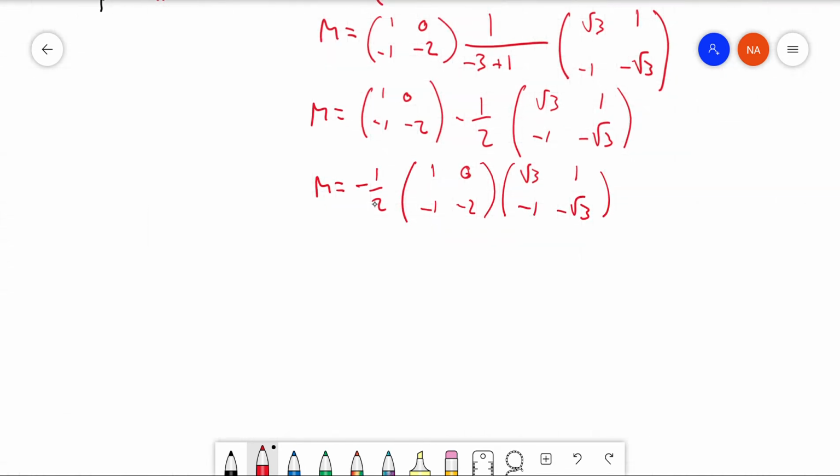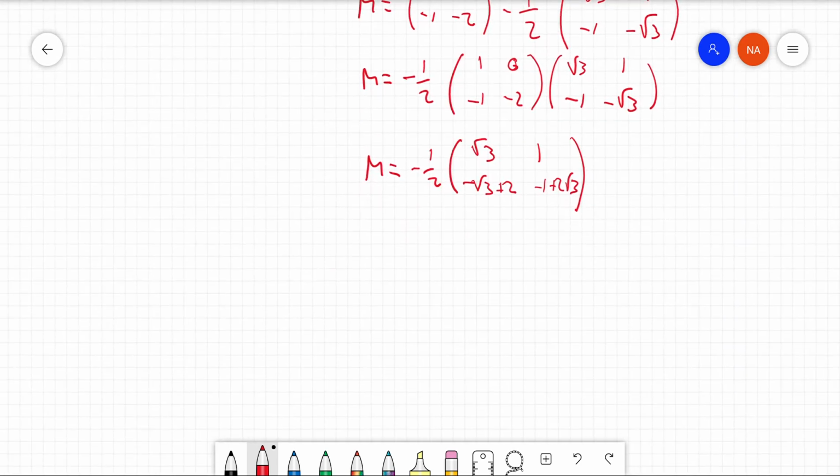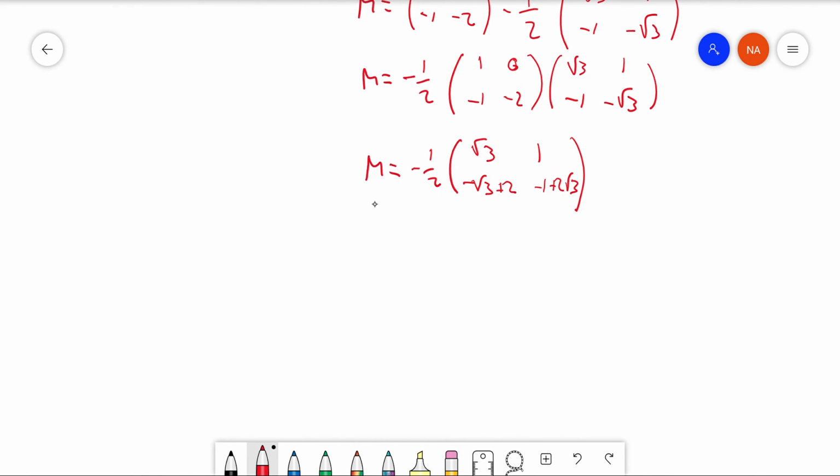And finally, let's do the multiplying out. This has taken a long time, isn't it? I'm going to get √3, I'm going to get 1, I'm going to get -√3 plus 2, and I'm going to get -1 plus 2√3. That's not looking very pretty. Multiply through by my -1/2.